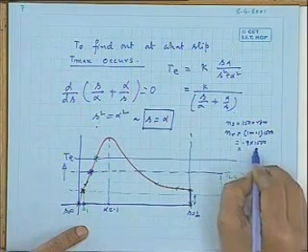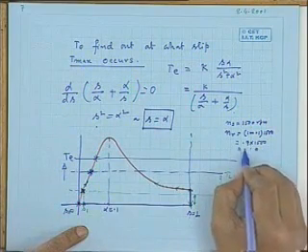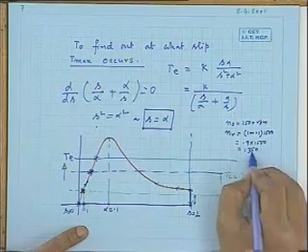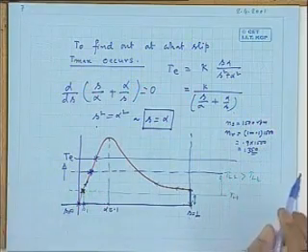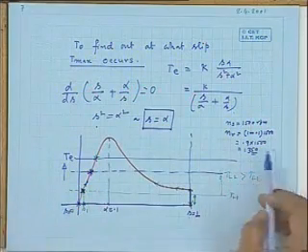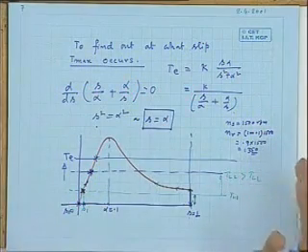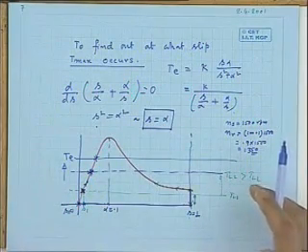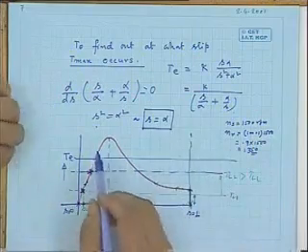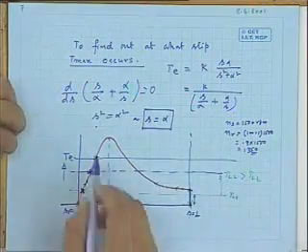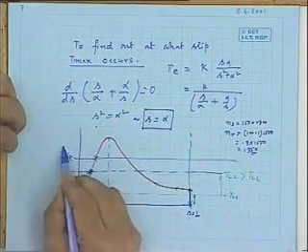So this will be 0.9 into 1500, which is 1350 RPM. So variation of speed will be there, but that is not quite large. Only 1500 to 1350. This I will further explain.